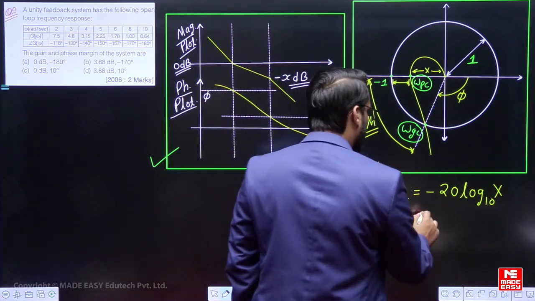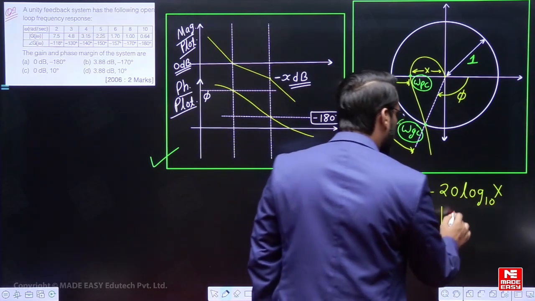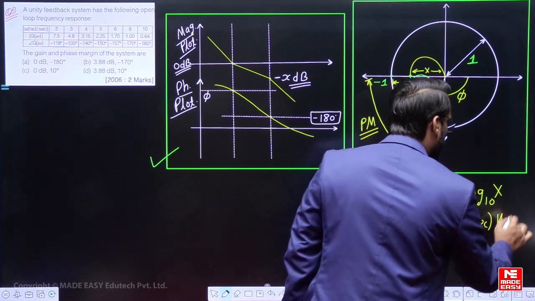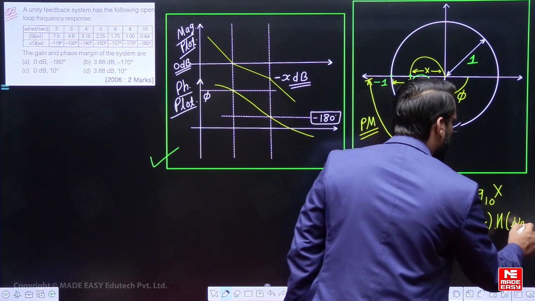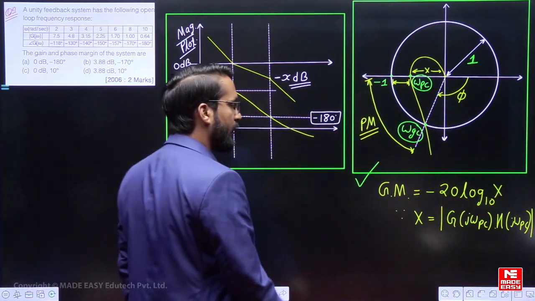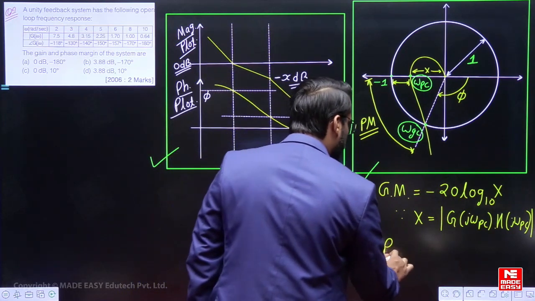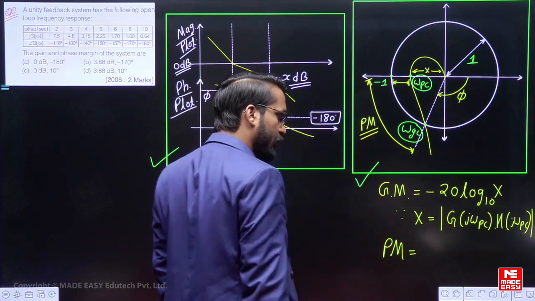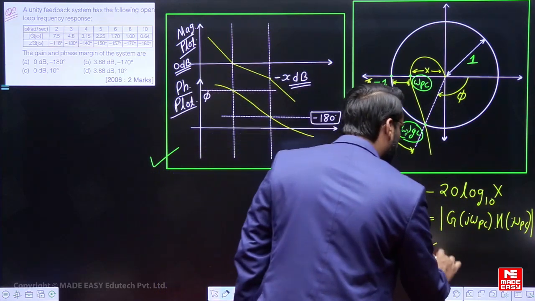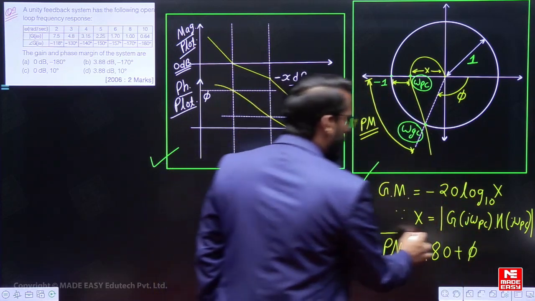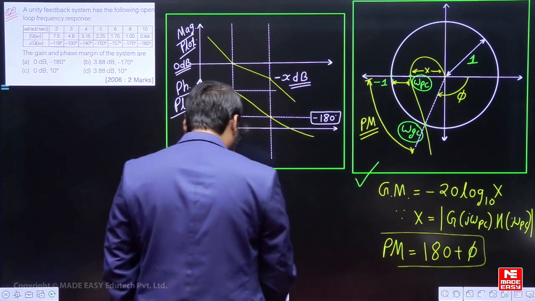Means x is nothing but the magnitude of G(j omega pc) H(j omega pc). This is the value of x. Now what is the phase margin? This is the phase margin I have introduced clearly. So how can you calculate it? You can calculate it by the equation 180 plus phi. Sir, why plus phi?